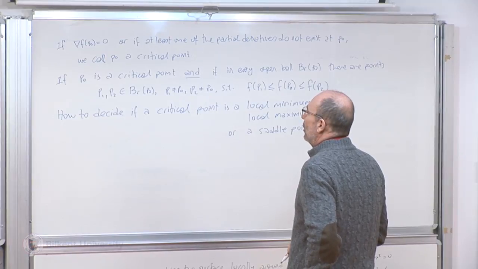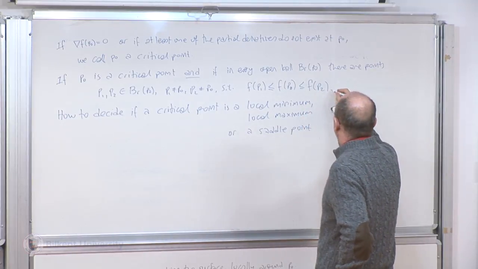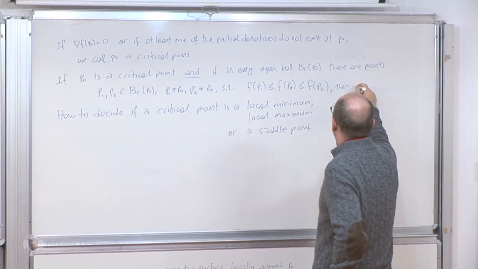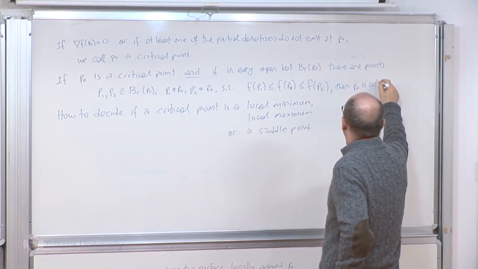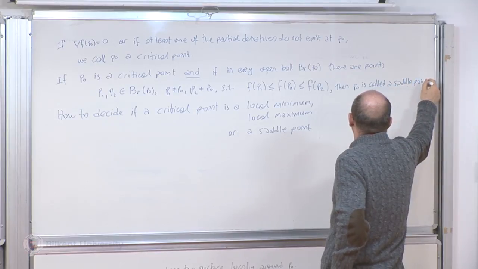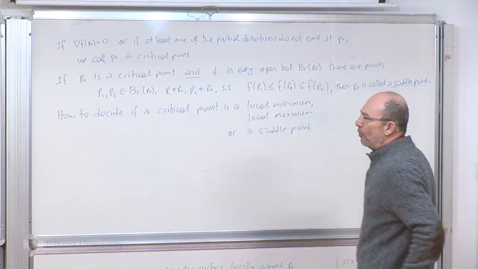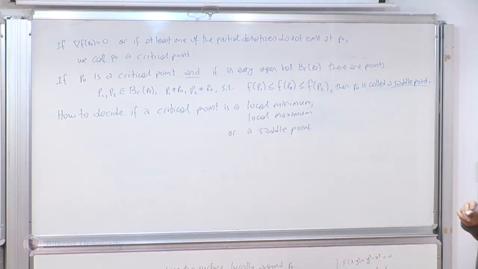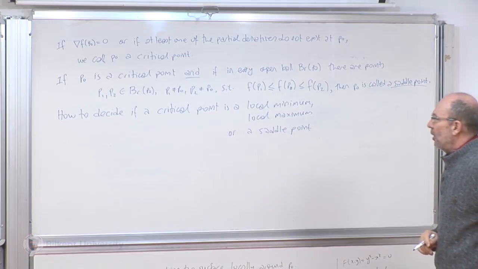So I have to finish this thing. Then P sub 0 is called a saddle point. So we have local maximum, local minimum, and saddle point. So how do we decide this?